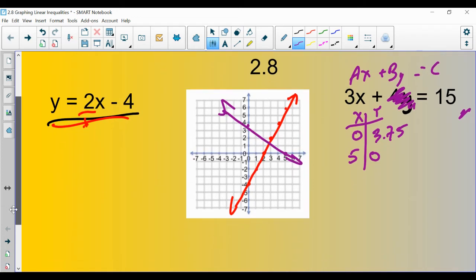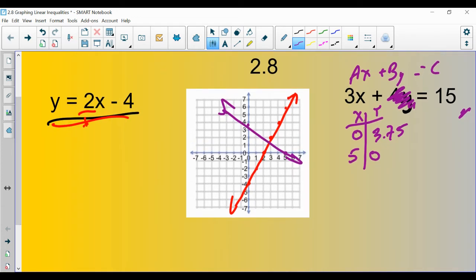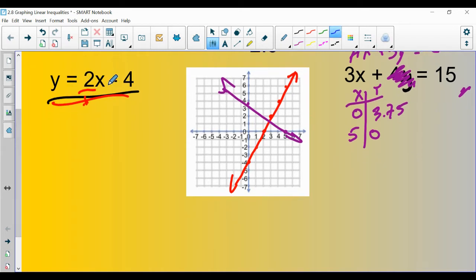The thing that's going to make this section new today is that it's not going to be an equal sign. It's going to be, like I said, an inequality sign, like a less than or a greater than sign. There are two differences to graphing equations, like we just did in these examples here, versus inequalities.